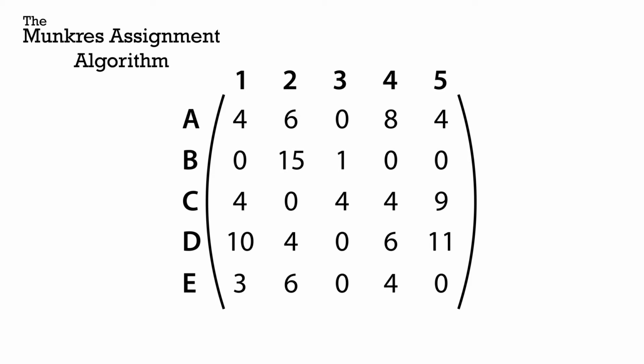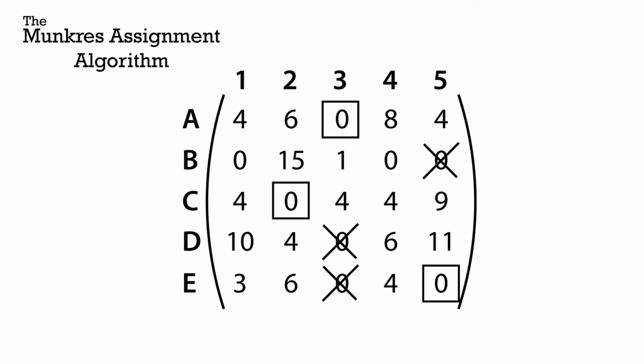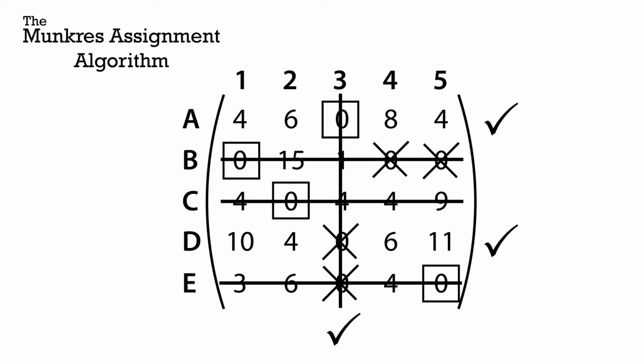We now repeat the process, assigning people to jobs if there is a single 0 in their row and crossing out any others in that column. And the same for the columns, repeating until there are no zeros which are unassigned or uncrossed. We now tick any rows with no assignments, any columns with zeros where ticks are, and now any rows with assignments in ticked columns, and cross out unticked rows and ticked columns.